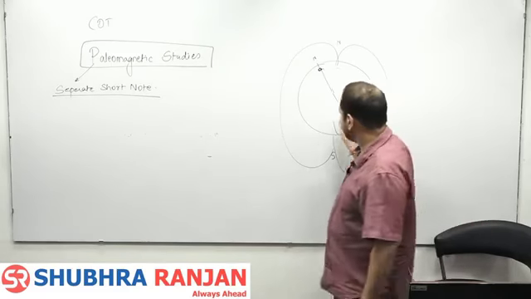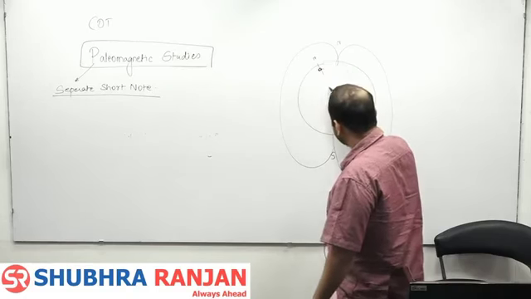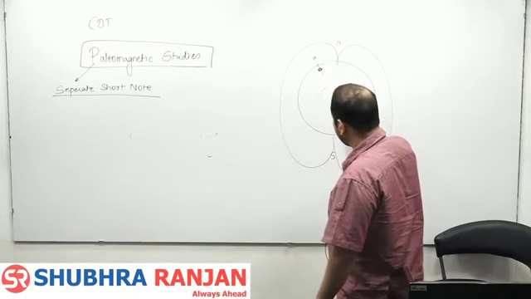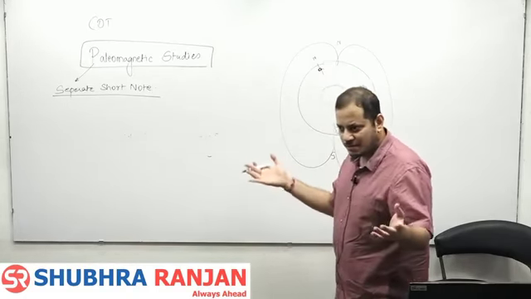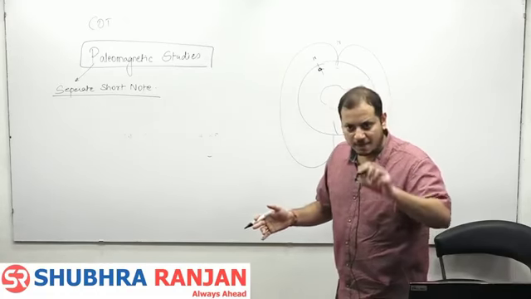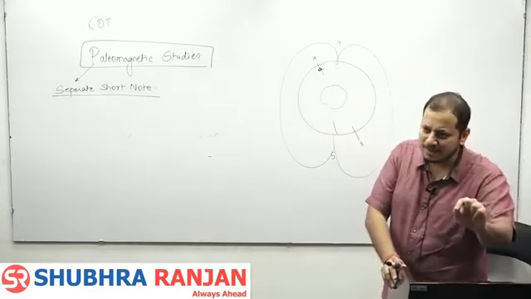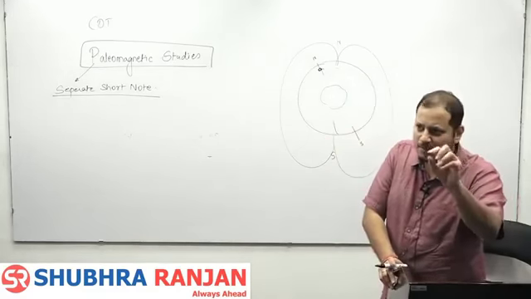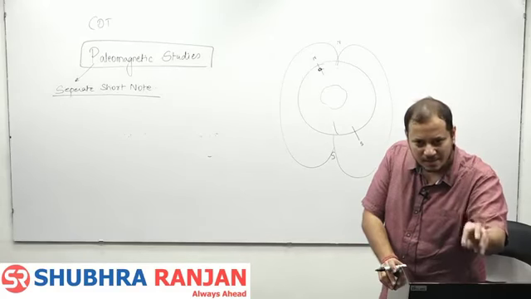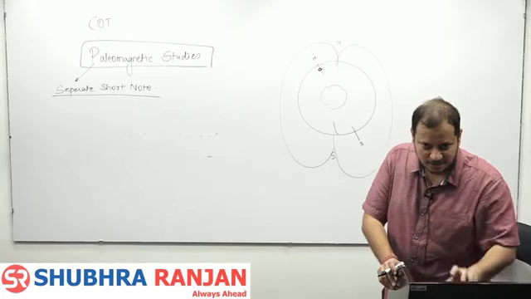So suppose in this first position, this is the north and this is the south, and this is where the molten rock has come on the surface of the earth. It is now solidifying. It is a mixture of clay, silica, iron, aluminium, copper, calcium. There are numerous minerals present inside the earth.